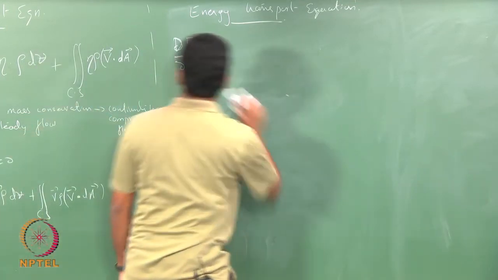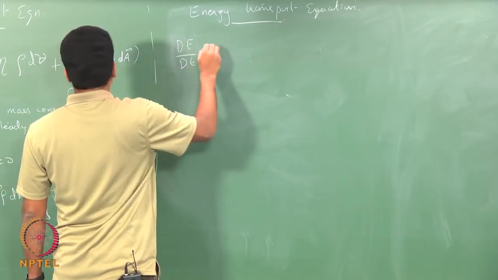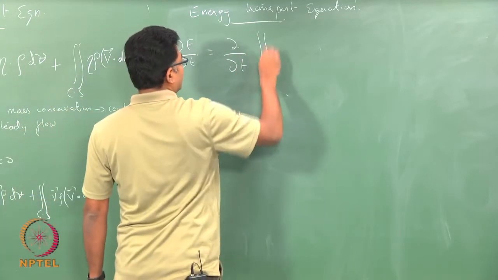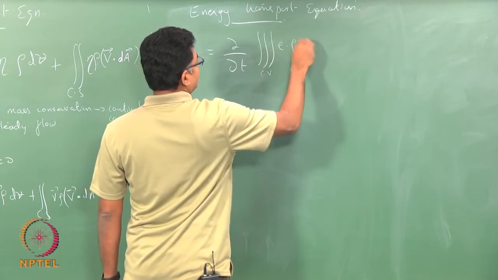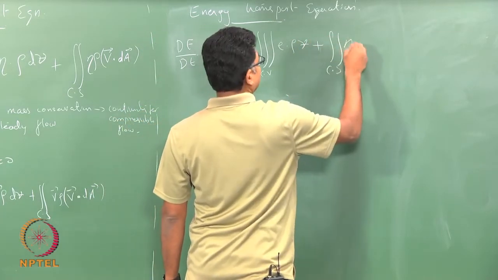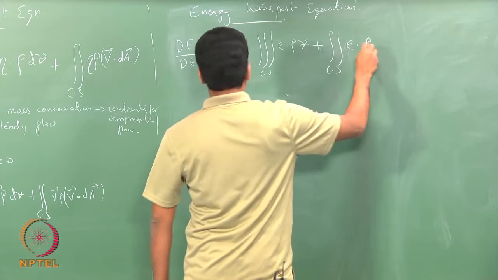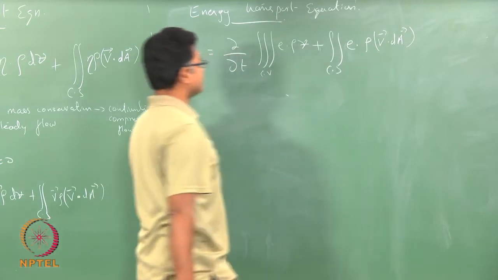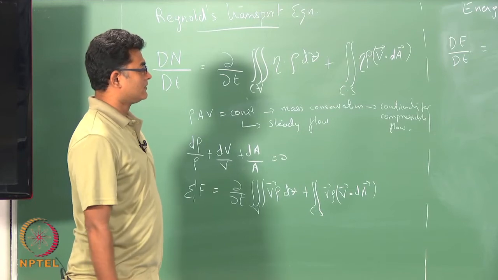So the Reynolds transport equation is rewritten with identifying eta as small e, which is the energy per unit mass. Eta is e rho, okay.